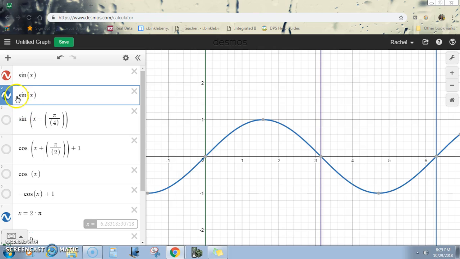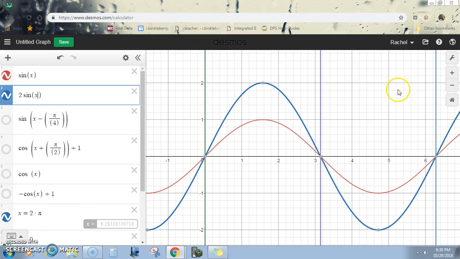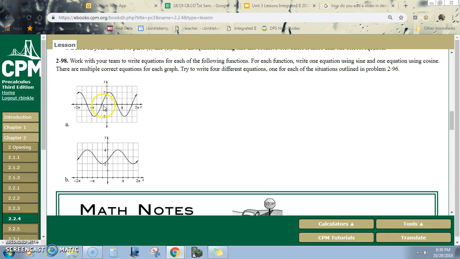Because instead of going just up to 1, it went all the way up to 2. And then we want to shift this point that was 0, 0, one tick mark back, right?